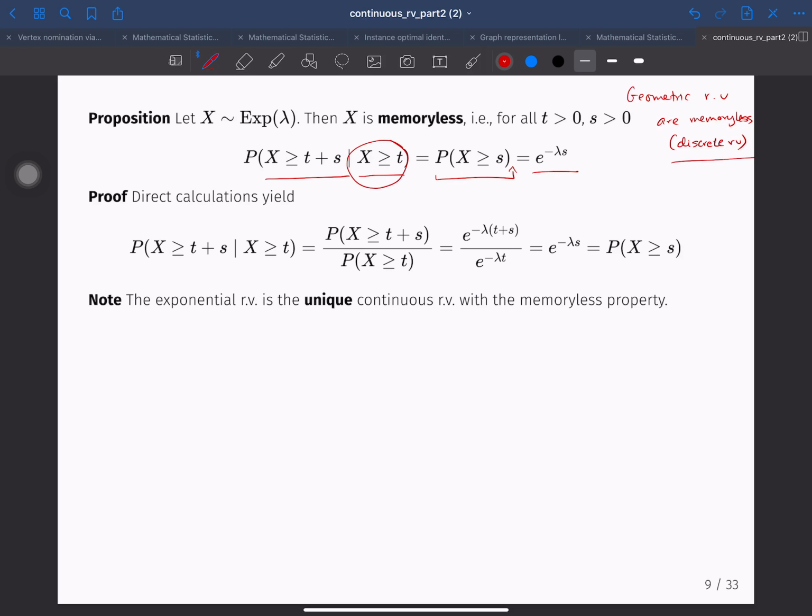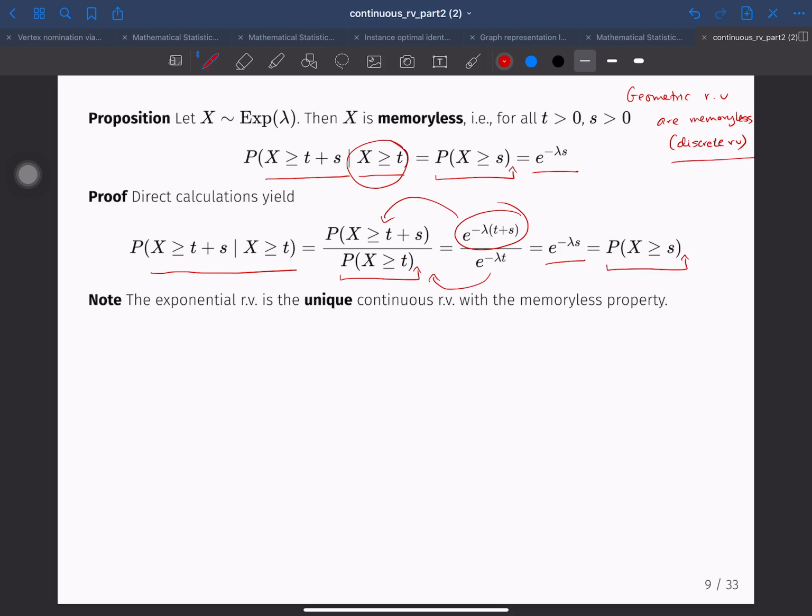So we know the probability of X bigger than t plus s, given that X bigger than t. That's the probability of the intersection, so that means the probability of X bigger than t plus s, divided by the probability of the lower event. And as we recall, this one here is a tail probability, and similarly for this one, and simple manipulation gives you e to the minus lambda s, which is the tail probability for X bigger than or equal to s.